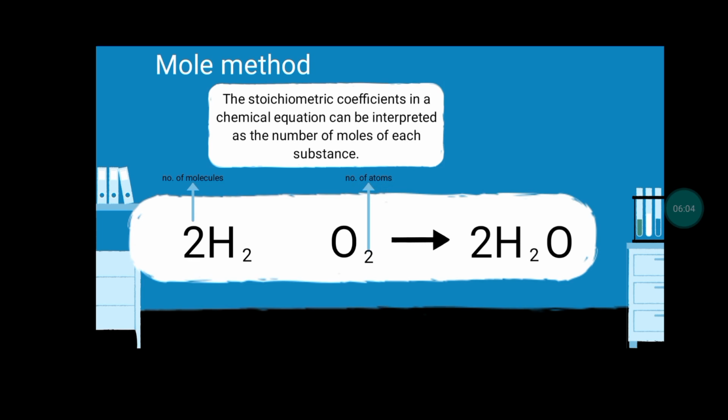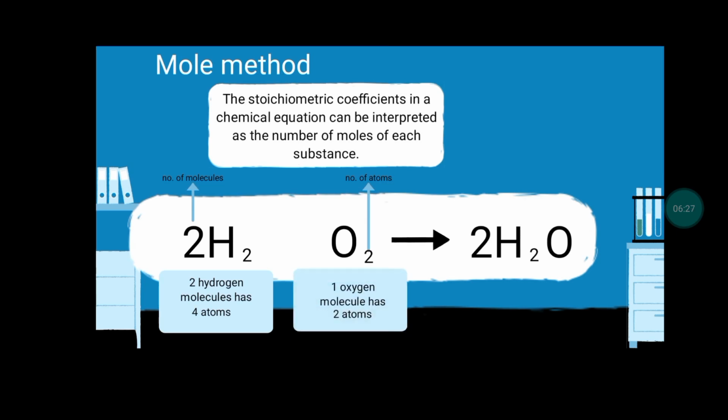So we will be discussing later on kung ano ang difference ng molecules and atoms. Pero from this reaction alone, makikita natin yung difference niya. Ibig sabihin, we have 2 hydrogen molecules which have 4 atoms. Kasi diba, yung subscript is 2 times 2 na yung coefficient, so 4 atoms.